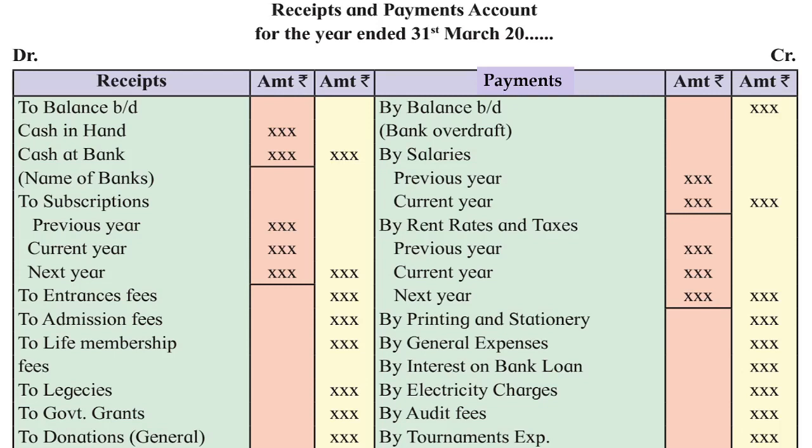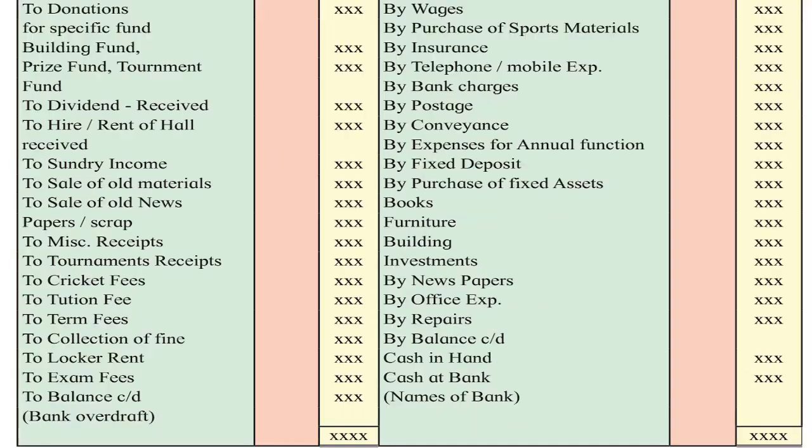Revenue receipts are transferred to the income side, whereas capital receipts are transferred to the liability side. On the payment side, there are basically two kinds of payments, that is expenses. Capital expenditure is transferred to the asset side, whereas revenue expenditure is transferred to the expenditure side.